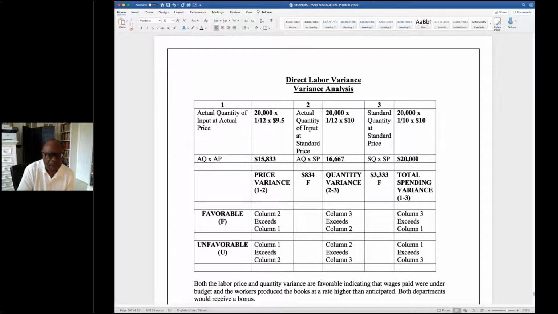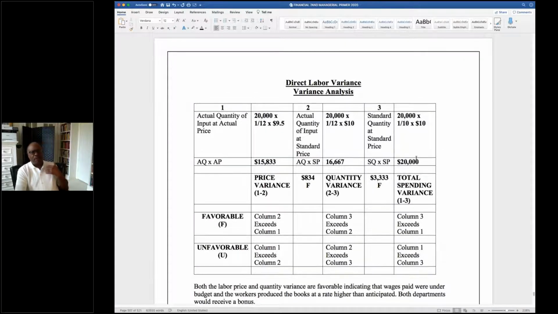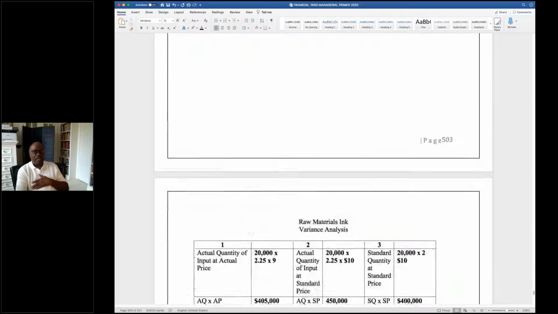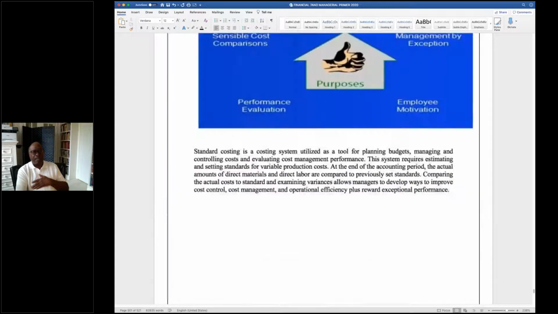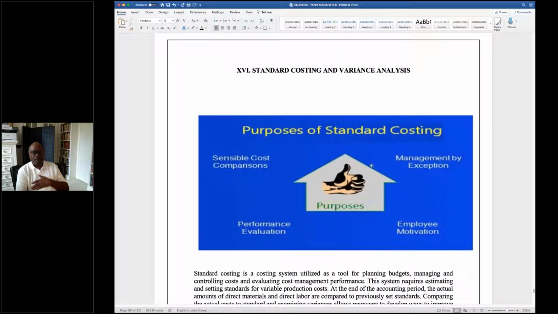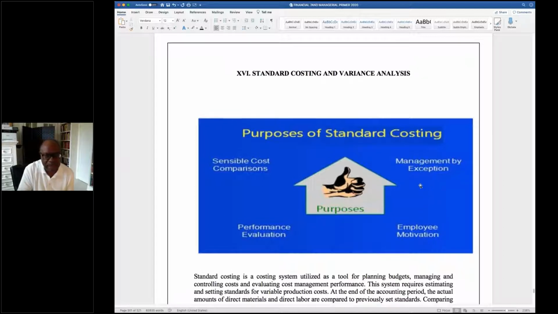Oh, okay. So if you're running the business, you got to motivate everybody in the business to do better than standard, so the company can do better.